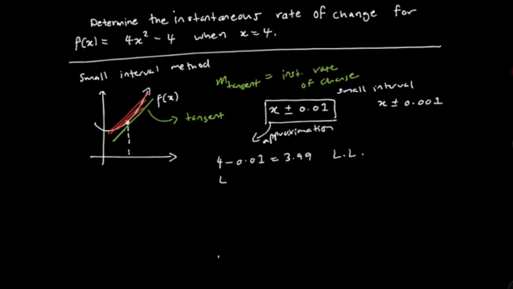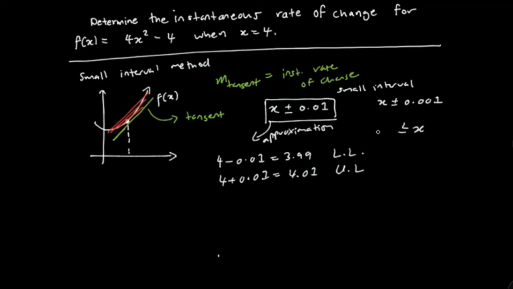The upper limit here is 4 plus 0.01, which is going to give us 4.01. So this is the upper limit. And technically our small interval is going to look like x is greater than or equal to 3.99, but less than or equal to 4.01. Okay, so that is our small interval.